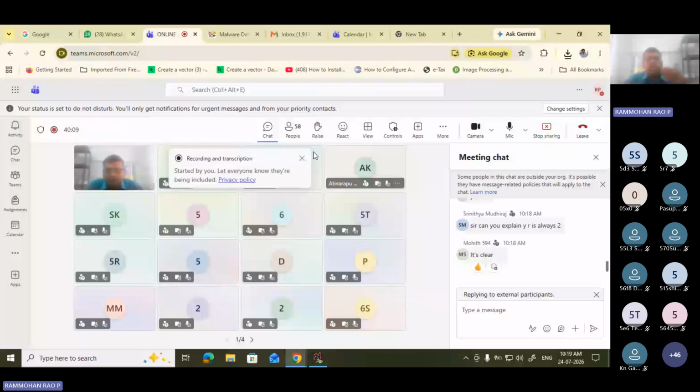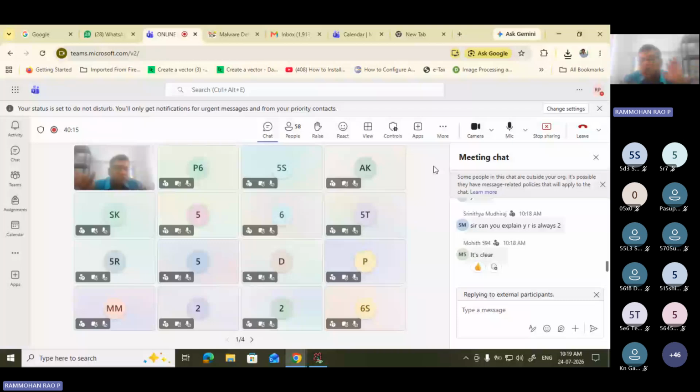And always I will convert any given decimal number into binary only. That's the reason I am saying R is always 2. By default it is 2 because I am dealing with binary numbers, and hence I am not going to store it separately. It is assumed R is by default 2. So is it clear, Nitya?